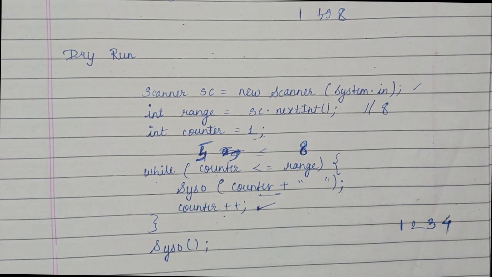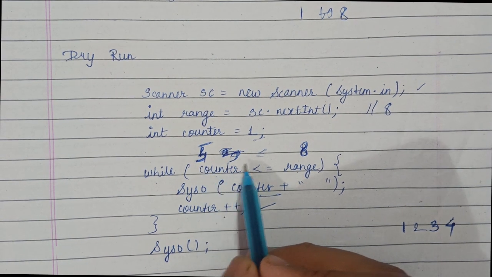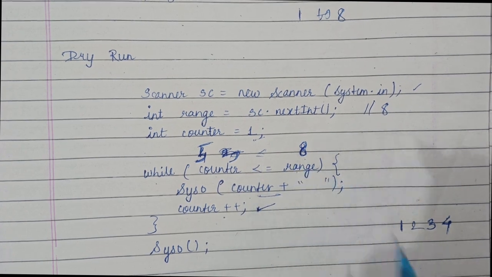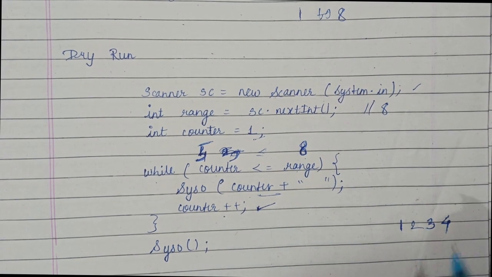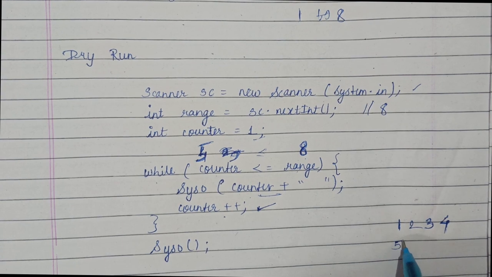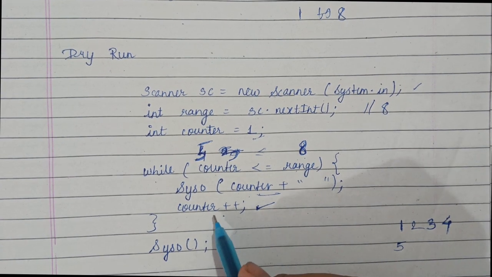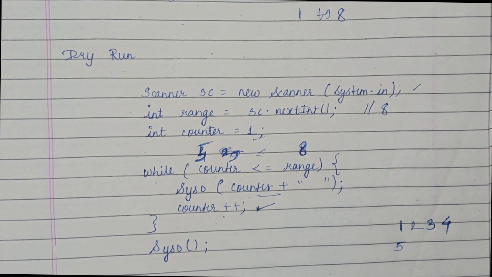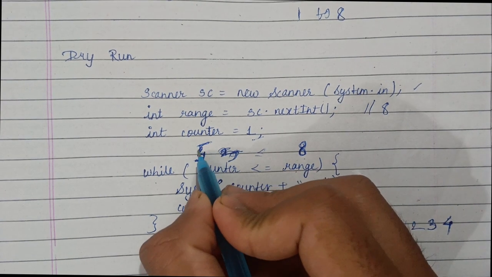Now it will check the condition: is 5 less than 8? The condition is true here. It will print 5 and update the counter. Now the counter's value has become 6.